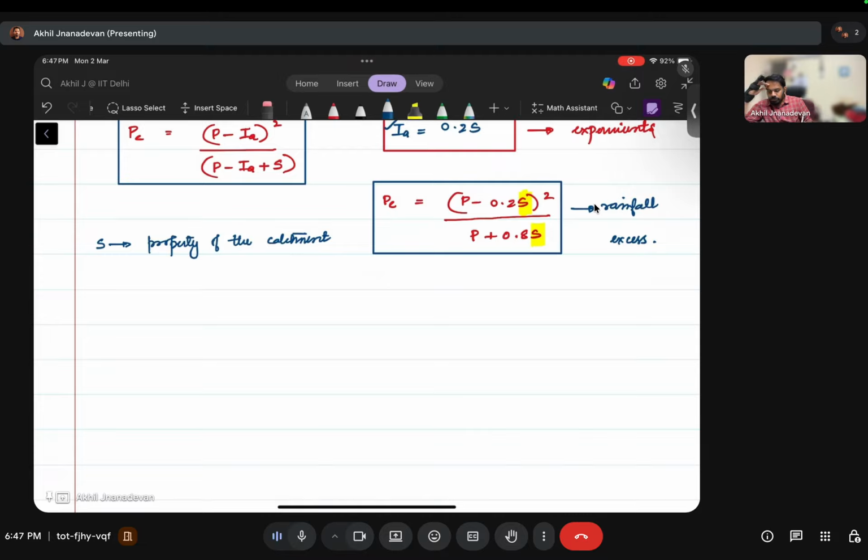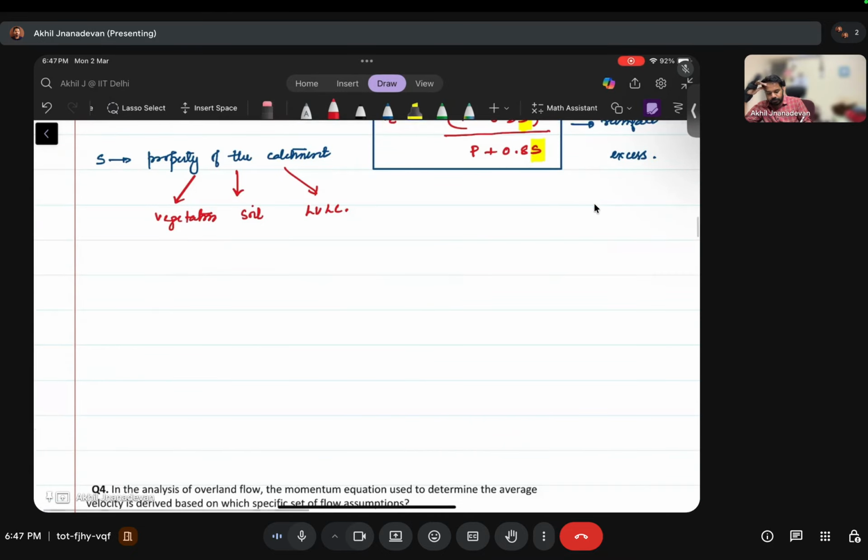It will depend on the vegetation, the soil type, and also the land use and land cover. It depends on all these, right?